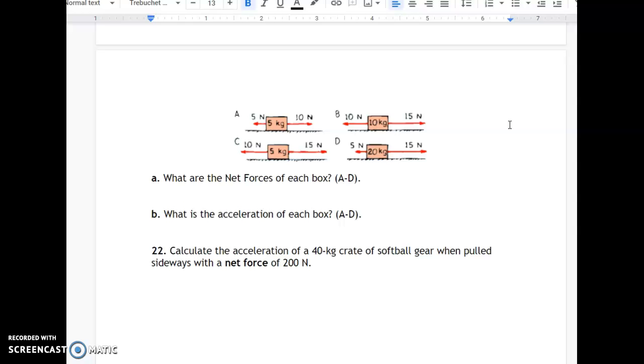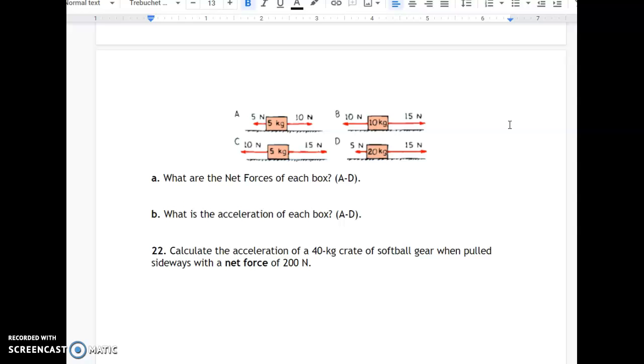For B, you have 10 newtons left, 15 newtons right, so the net force is 5 newtons right. For C, you have 10 newtons left, 15 newtons right, so the net force is 5 newtons right. And for D, you have 5 newtons left, 15 newtons right, so you have a net force of 10 newtons to the right.